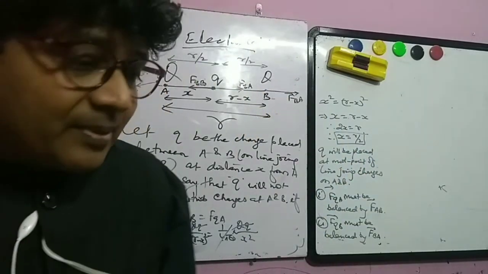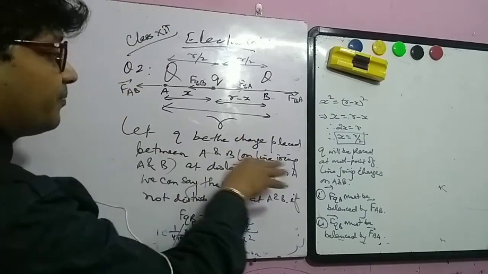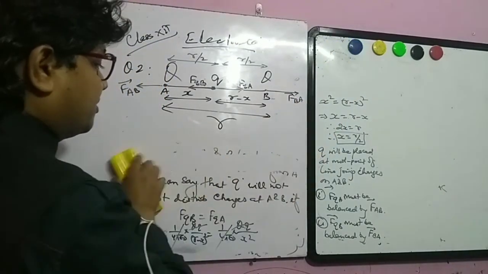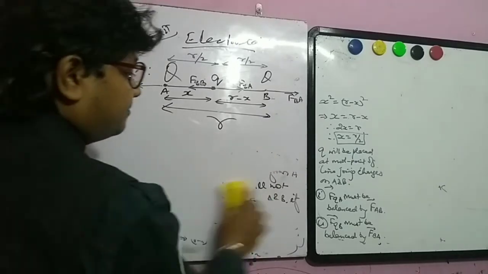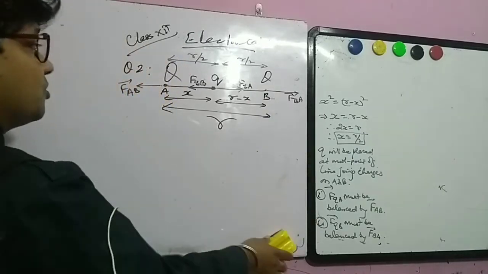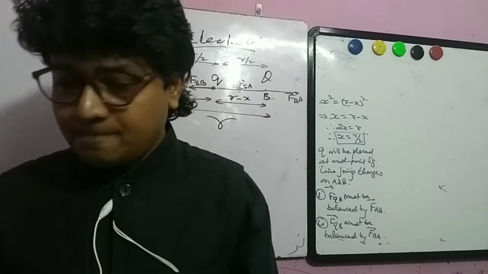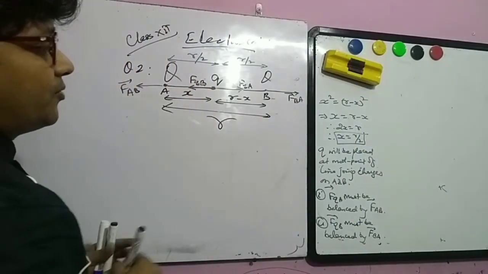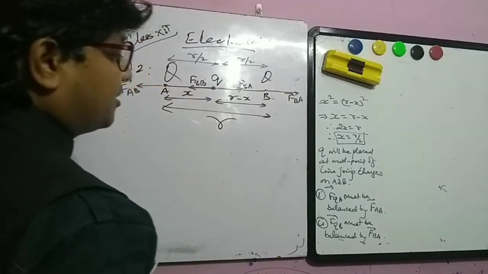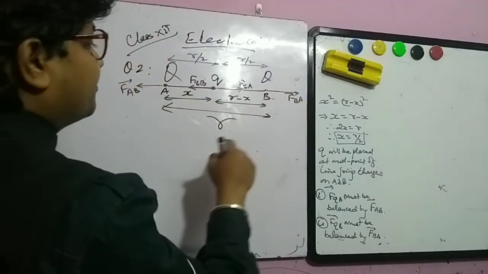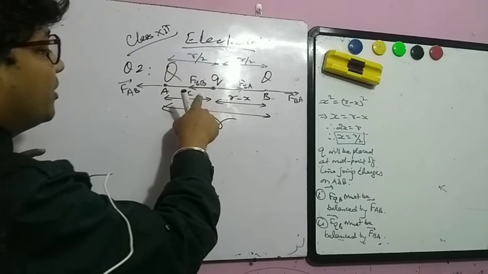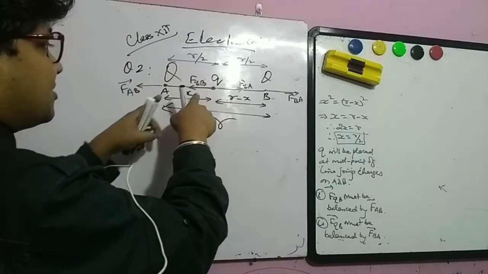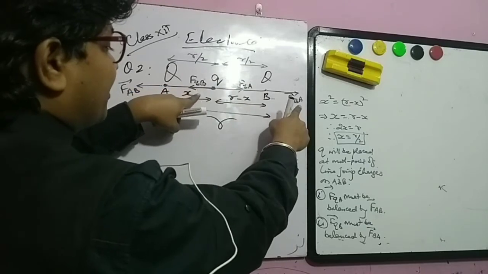अब हम यहाँ पर साइन की बात करते हैं, राइट? So I am deleting all the portion, right? So look, this FQB, what is the force FQB and what is the force FBA? If we are talking about FQB, this is balancing FBA.